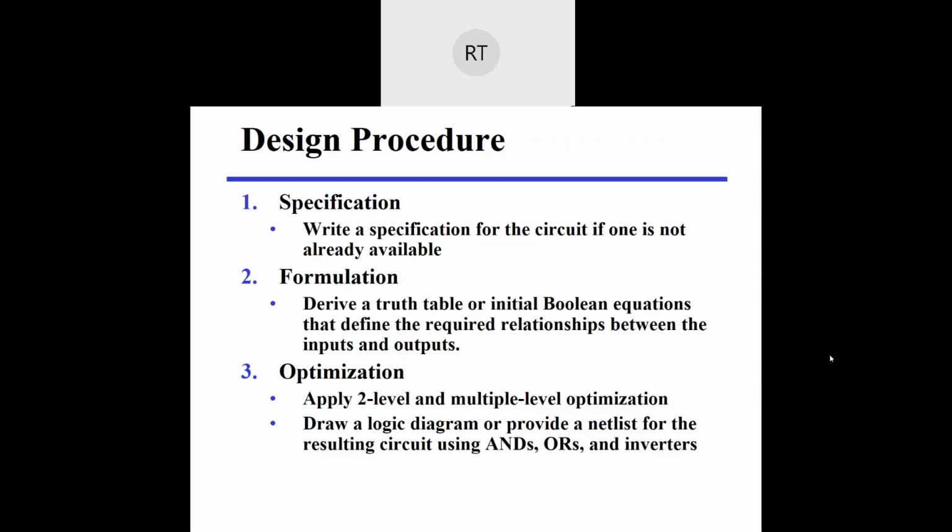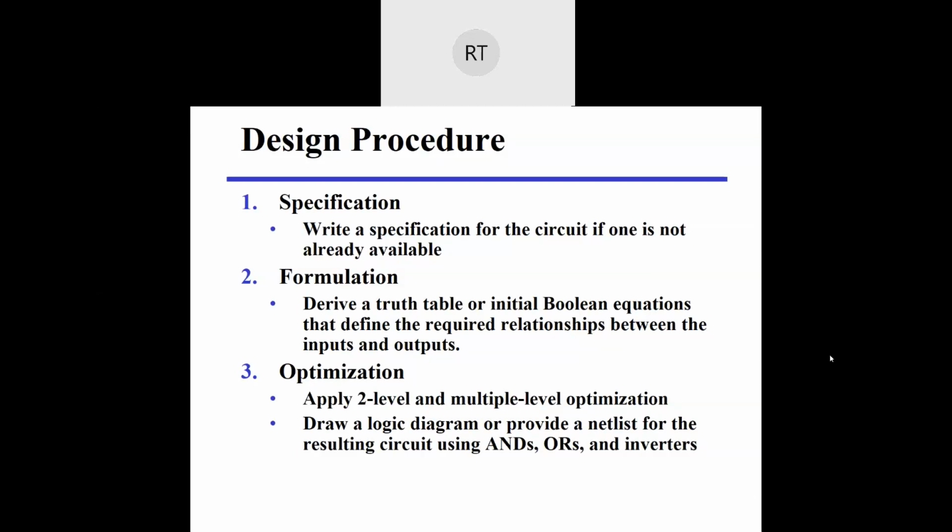Then we move to optimization. Optimization could be done in 2 ways, either using Boolean algebra or using K-maps, okay? What happens when you do optimization is that you are actually creating a multi-level optimization. So you move, let's say, from 3 levels to 2 levels to make it optimized with fewer gates, fewer literals, and fewer gate inputs.